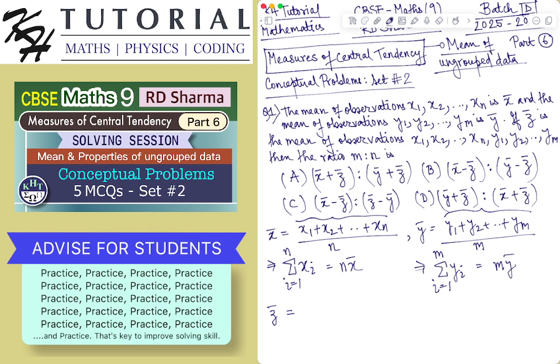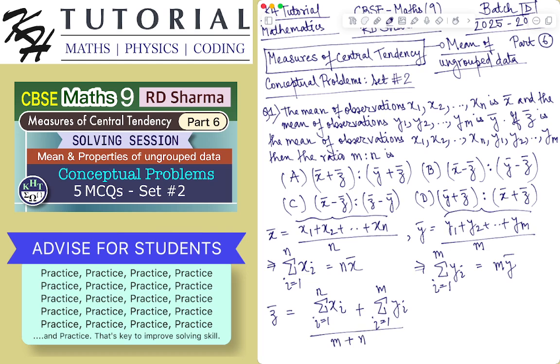If we combine the x and y observations, it will be n plus m. So z bar is nothing but summation of xi, i equals 1 to n, plus summation of yi, i equals 1 to small m, this whole divided by m plus n.